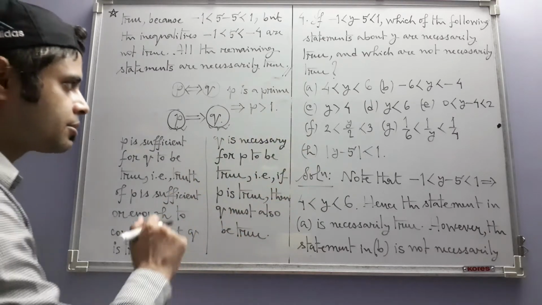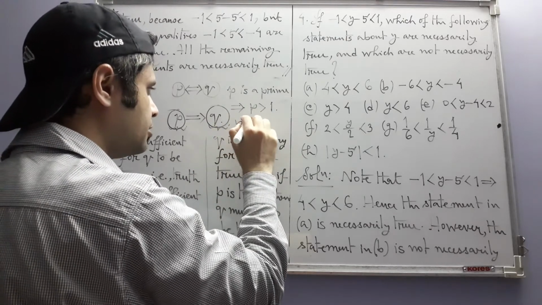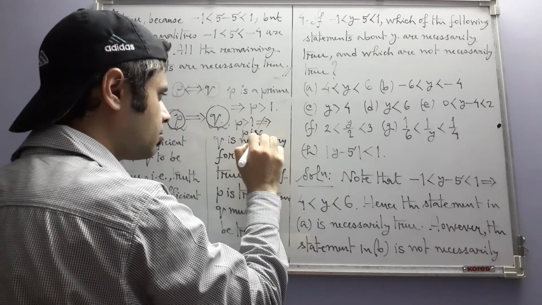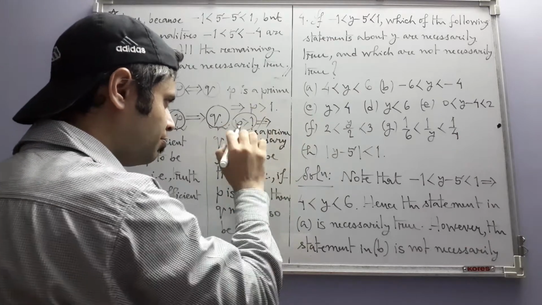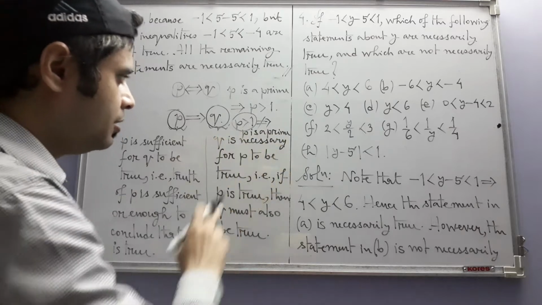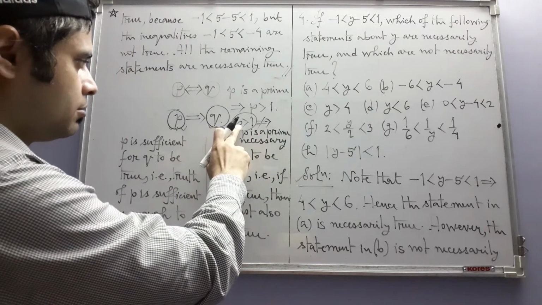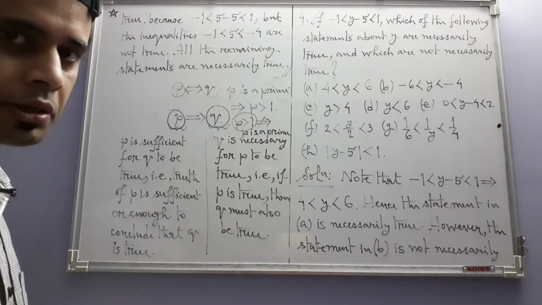However, this does not imply the converse, that is, P greater than 1 does not imply that P is a prime. P being greater than 1 is not sufficient for P to be prime. We need something else. For example, 4 is also greater than 1, but 4 is not a prime.